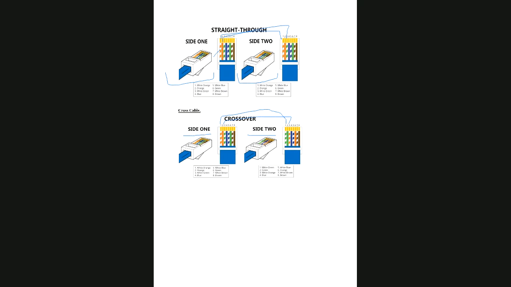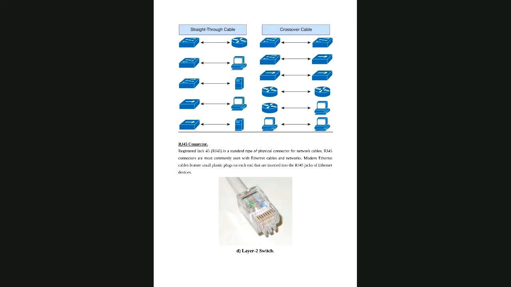We have a first portion in the cable, which are connectors basically required to connect to these devices. Fine. The most general connector which is being used is the RJ45 connector. And if we talk about where these cables are most widely used, if I have to connect a particular switch to the router, we can use a straight through cable.